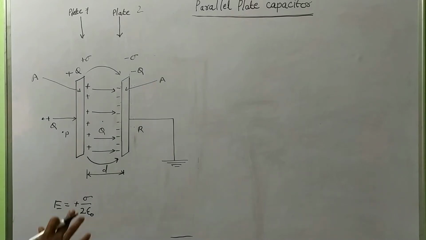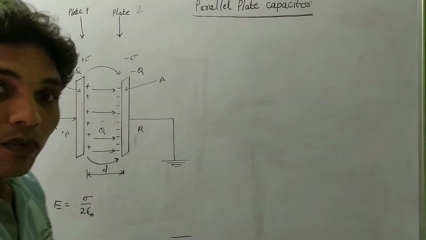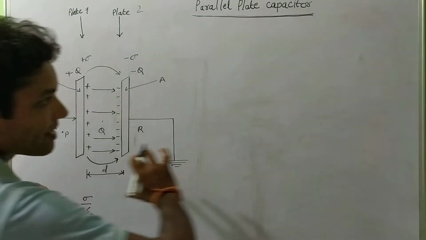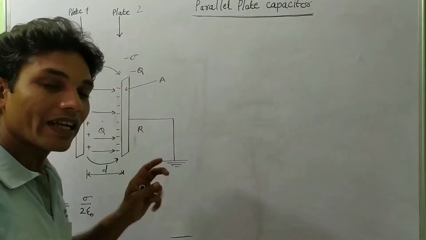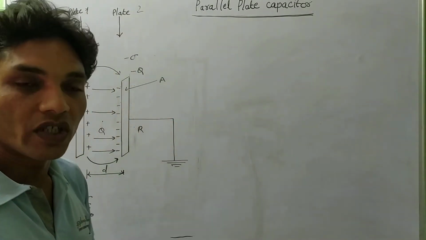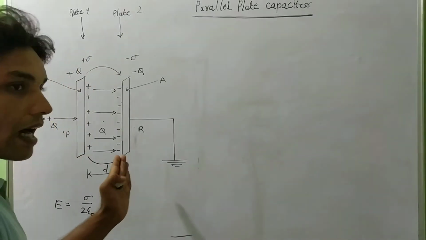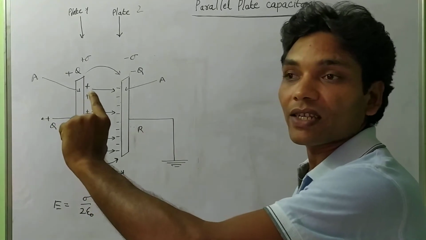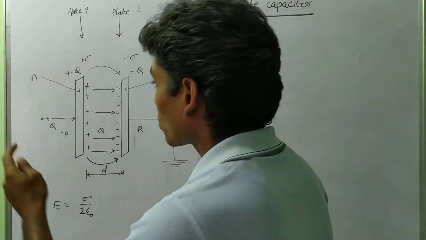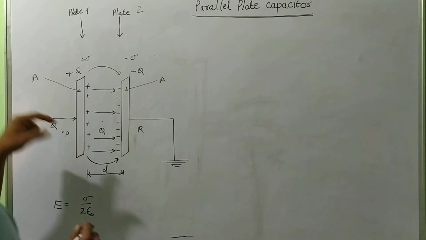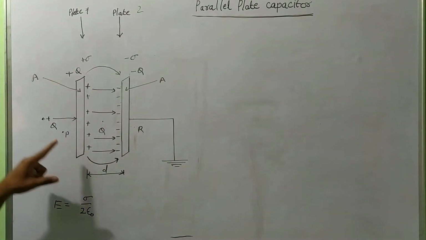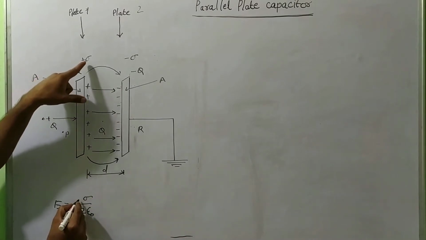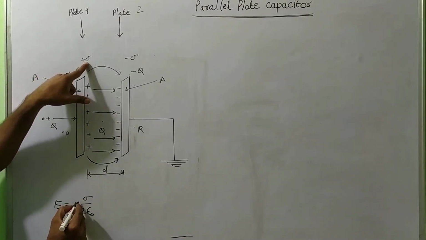But here a very important thing is that along the x-axis, the electric field is taken as positive, and along the minus x-axis, the electric field is taken as negative. This point is on the left-hand side of the first plate, so this will be negative, due to plus surface charge density.